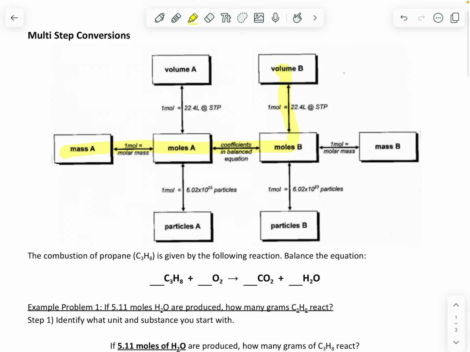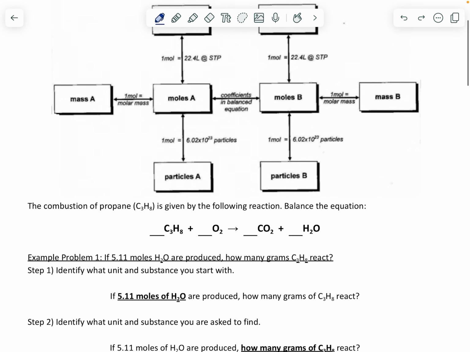Or you could start at volume and want to get to particles of B. You start here, cross one bridge, go through moles to get to B, and then go down to particles. So you're doing exactly what we did before. The only difference is we're adding this portion right here, which is going from one chemical substance to another using those balanced equation coefficients that we did in the last worksheet.